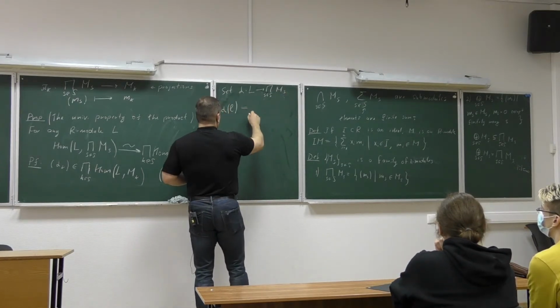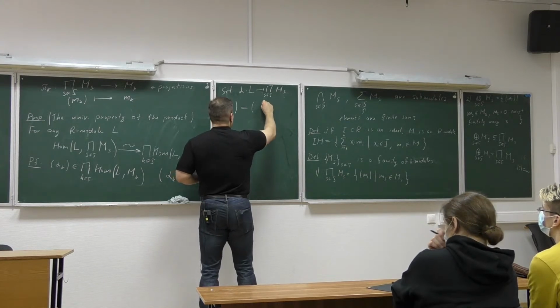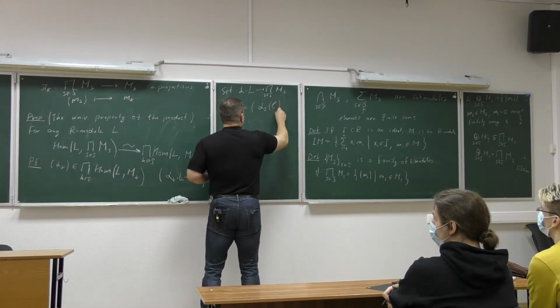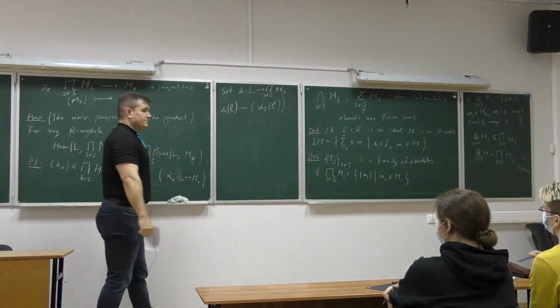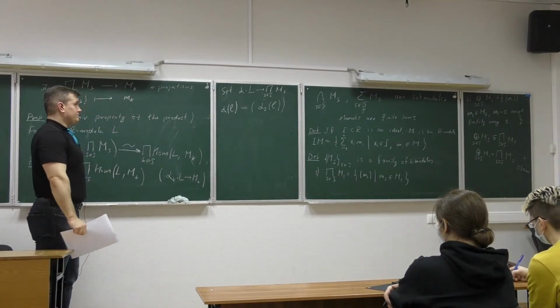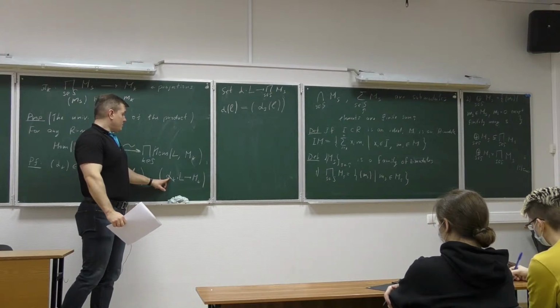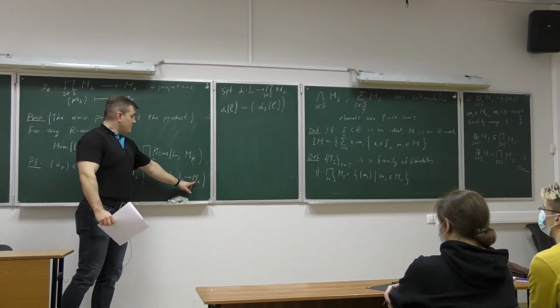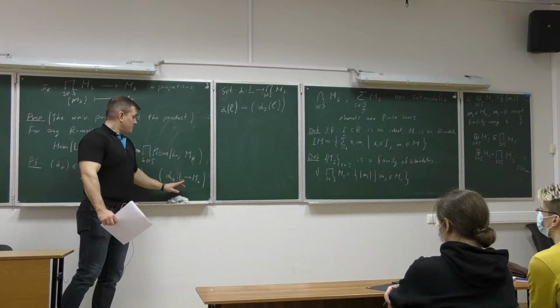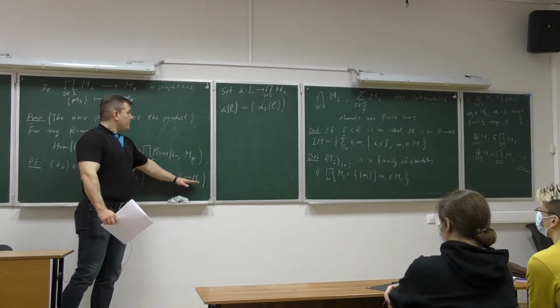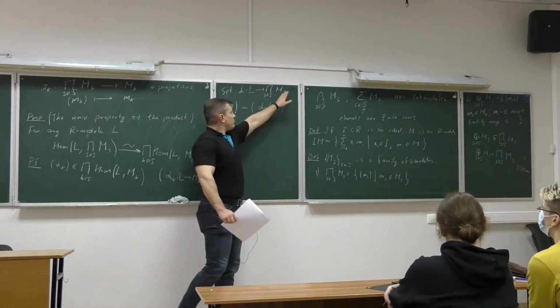So let's take this by definition to be the vector of the alpha_s applied to l. Right? So if I have any element, I can compute the corresponding map on this element. This will be an element in the M_s, and from this M_k in this vector. But if I form an infinite vector, this is exactly something in the product.